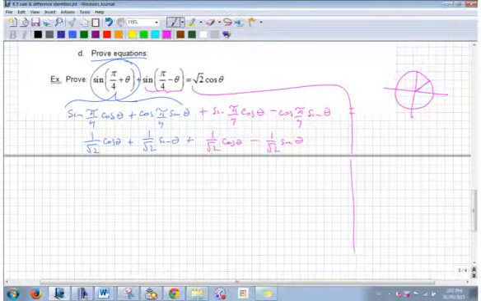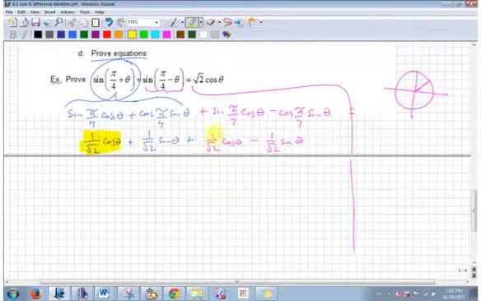What can I do now? Collect some stuff. Anything the same there? How many 1 over root 2 cosine thetas do I have? I have 2 of them. And how many 1 over root 2 sine thetas do I have?